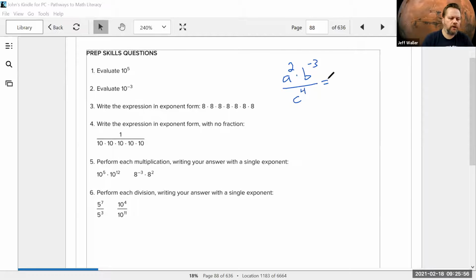What's the only part of this that doesn't like where it is, that wants to go somewhere else? This is a very interesting way to say this. Is it the B? Yeah, where would those 3 B's rather be? On the bottom. So the A squared would still be there. And then the B cubed would go on the bottom, and the C to the 4th is still there. Bam.